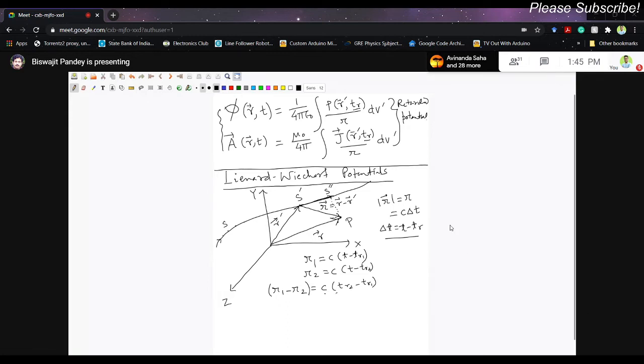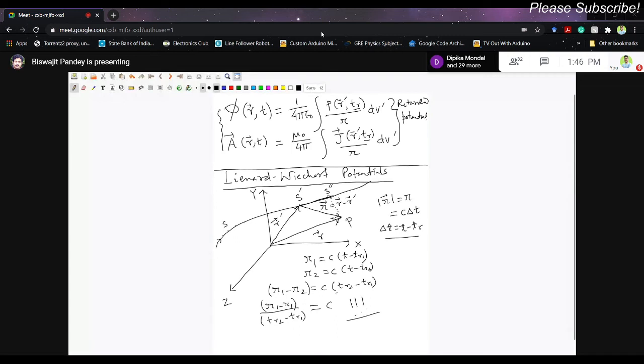So the speed of the charged particle is equal to r1 minus r2 divided by tr2 minus tr1, which will be equal to c. Now this is not possible, right? Impossible. So only one point at a particular instant will be in communication with the field point.